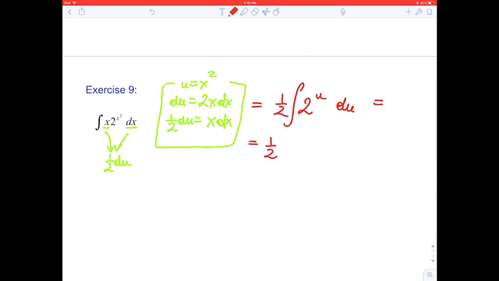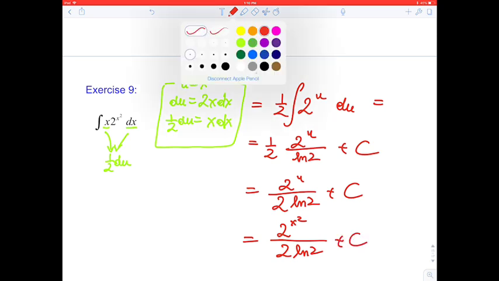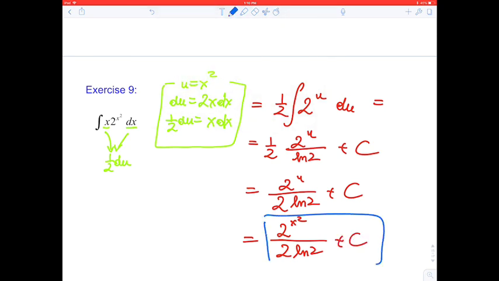The integral of 2 to the power of u du is 2 to the power of u over ln of 2, ln of the base, plus the constant of integration. And the only thing that we can do is substitute back x squared instead of u. And I can leave it like that. Okay, that's the final answer.